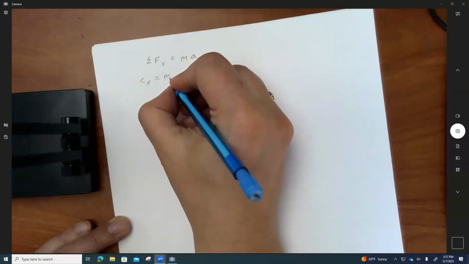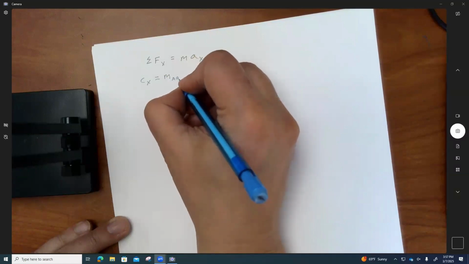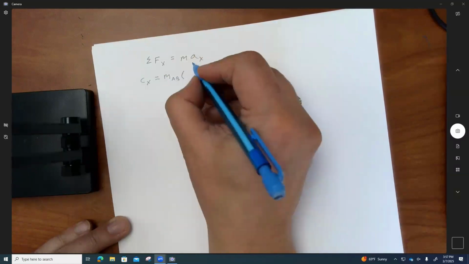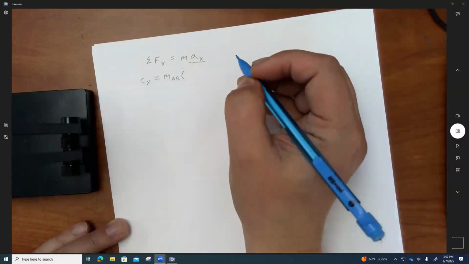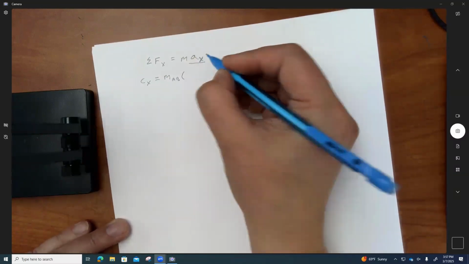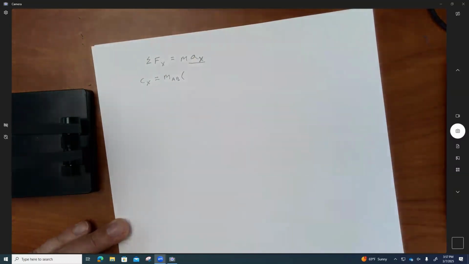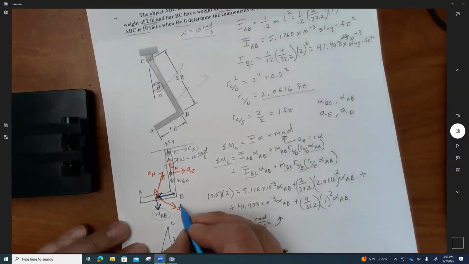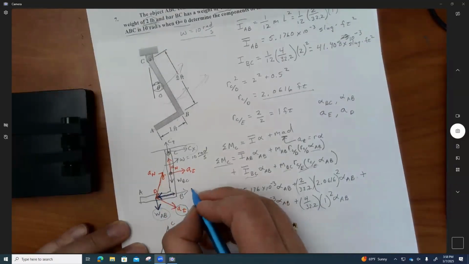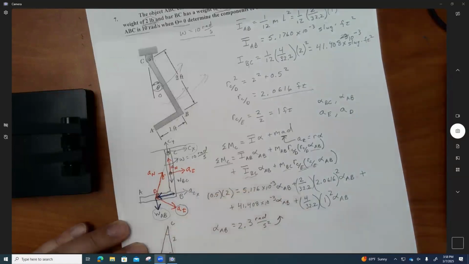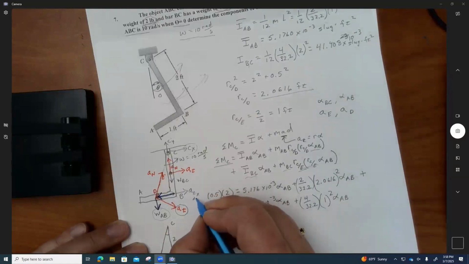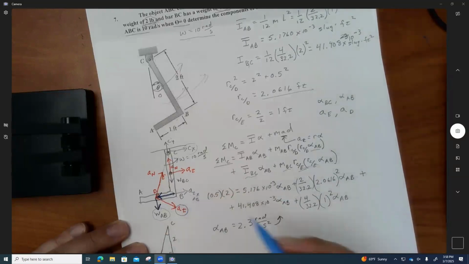I'm going to have the mass of AB multiplied by the component in the X direction. So I am looking at AB multiplied by this, but I only want the X component. So I want AT in the X direction for AB, rod AB. That's what I'm looking at.